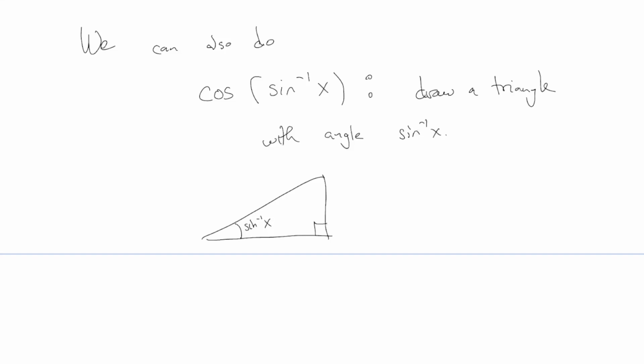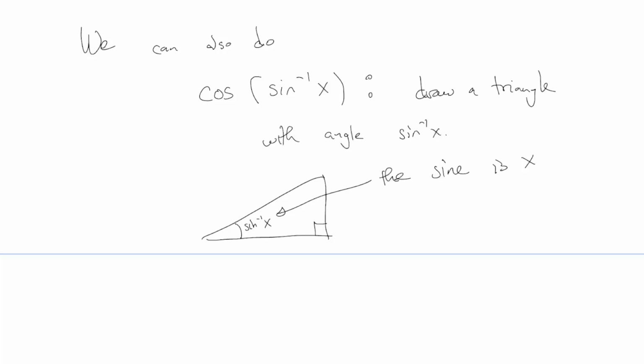Now, what is that angle? I don't know, but the only thing we know about that angle is its sine. So this angle here, the sine is x, right? The sine of that angle is x. That's what inverse sine of x means. It's an angle whose sine is x. And that means I can fill in some of the sides of this triangle.